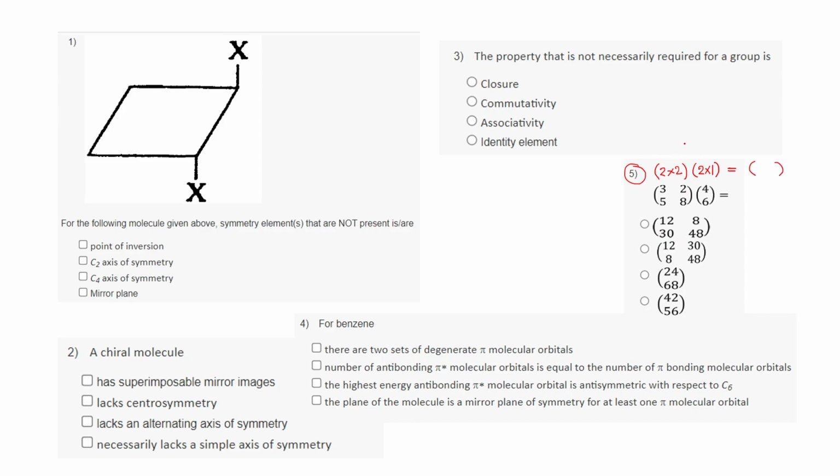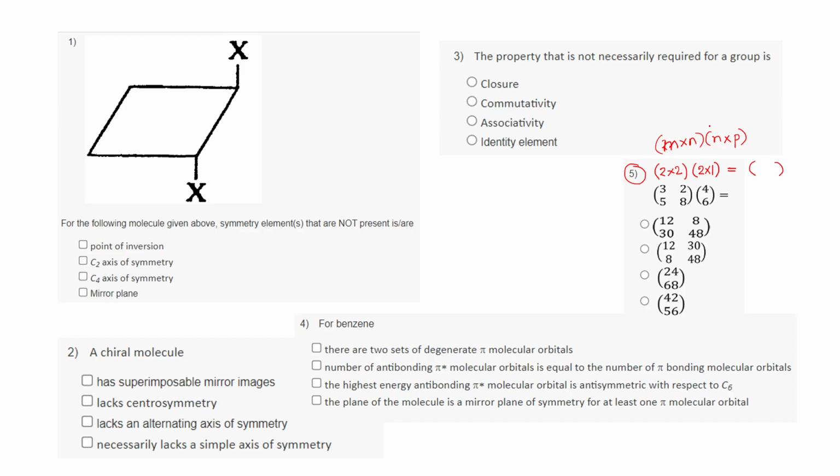So let me give you a shortcut, or an idea. You can only multiply matrices when, suppose your matrix is m by n, you multiply it with a matrix which has n rows and, suppose, p columns. Only then can you multiply.